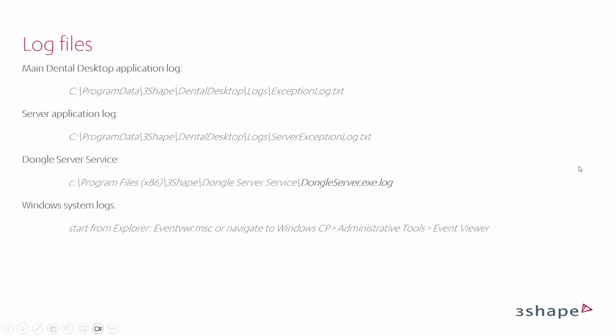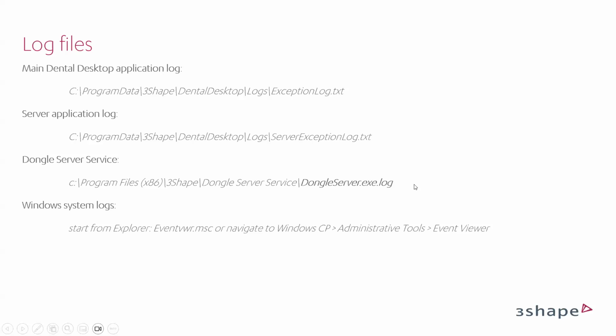Also, we'll check brief information on where the log files can be found. The main Dental Desktop application log file can be found in C, ProgramData, Trios, Dental Desktop, Logs. The exception log and server application log can be found at the same location, but it's called the server exception log. The dongle server service log is in C, Program Files x86, dongle service, dongle server log.